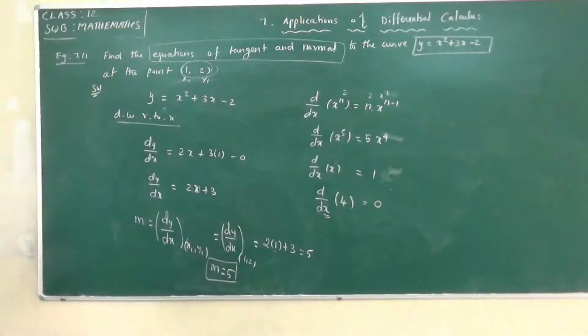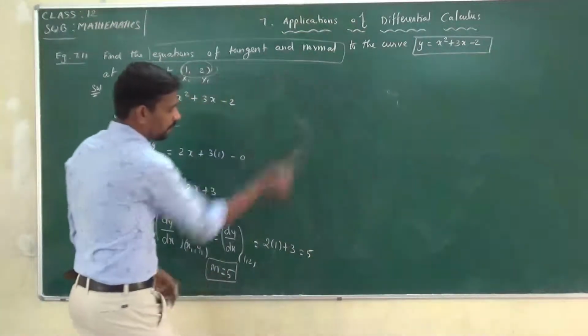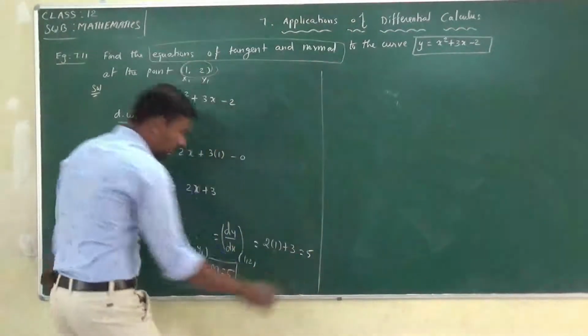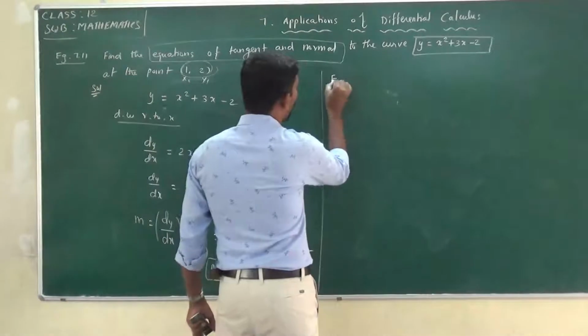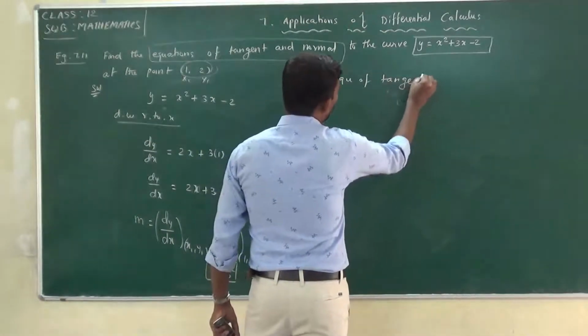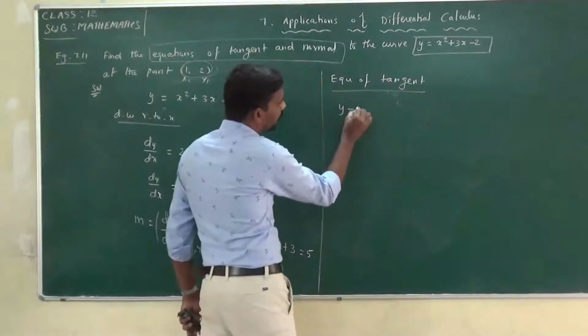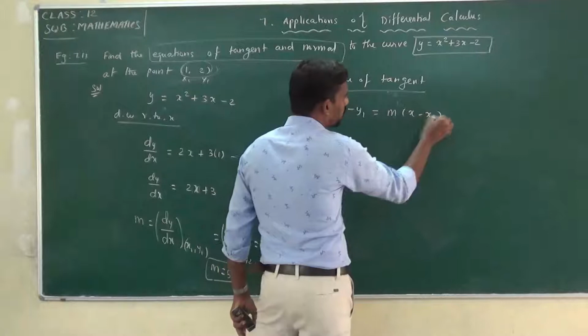Okay. Next, we have to find out the equation of tangent. So we know very well m and we know x1, y1 also. Now, equation of tangent is nothing but y minus y1 is equal to m into x minus x1.